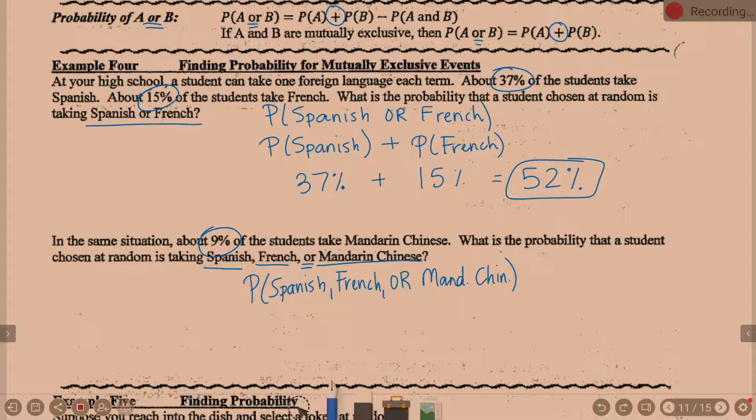Spanish was 37 plus French is 15 plus Mandarin Chinese is 9. So whether you do 37 plus 15 plus 9 or 52 plus 9, we get 61%.